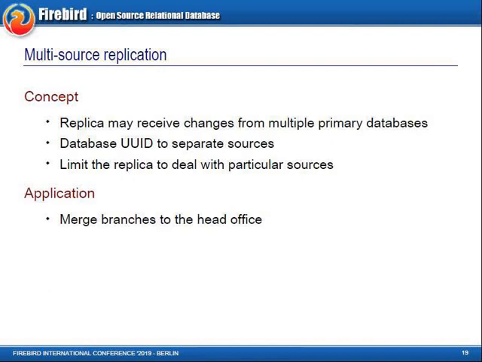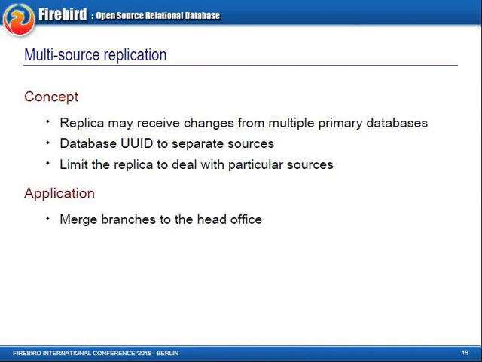Another concept applied in replication is so-called multi-source replication. So far we were speaking about one primary database, one replica database, or 2 or 3 replica databases. But here we have multiple primary databases, and the changes are being applied to a single replica database. The architecture really supports that, because every database has a globally unique identifier.